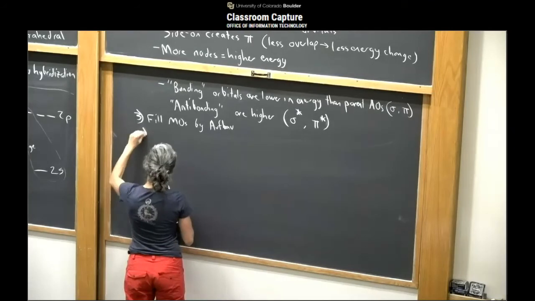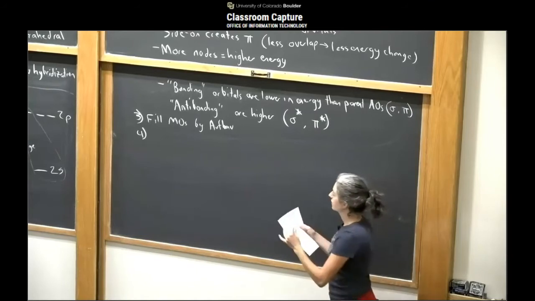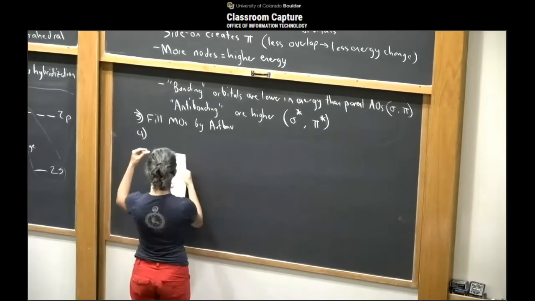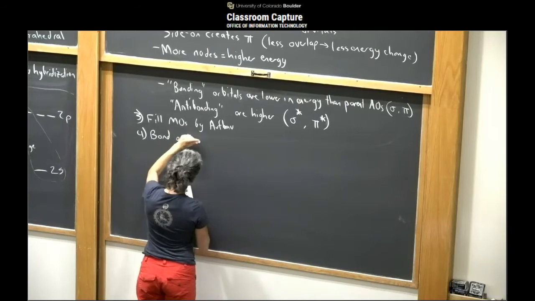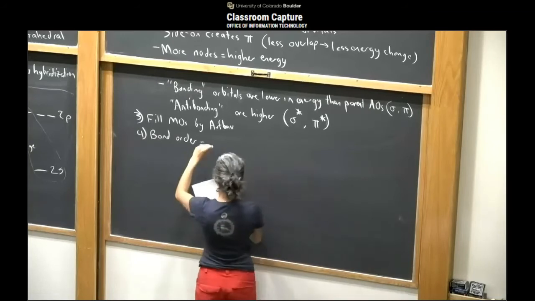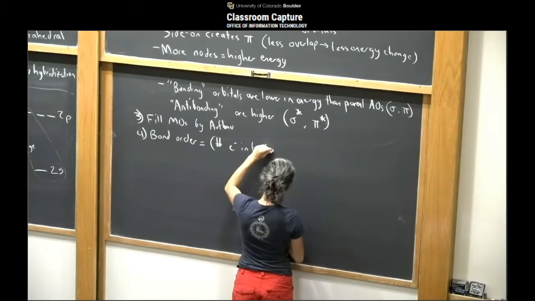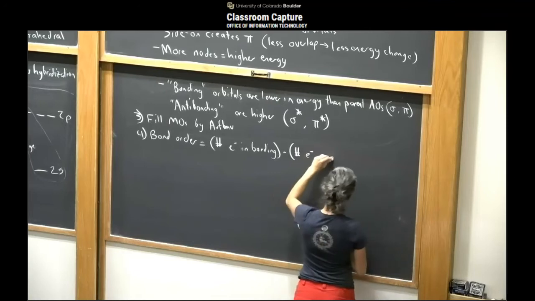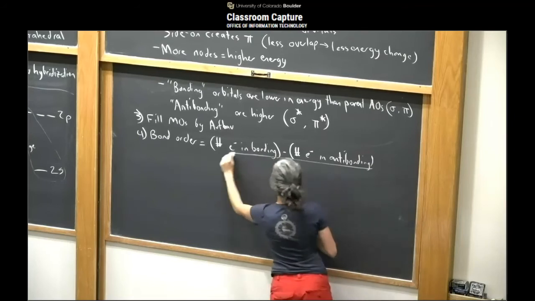And then the bond order, which we already looked at a little bit, is how many bonds there are between two atoms. But we can also figure out what that is from the MO diagram. Bond order, according to the MO diagram at least, is the number of electrons in bonding orbitals minus the number of electrons in antibonding orbitals, divided by 2.